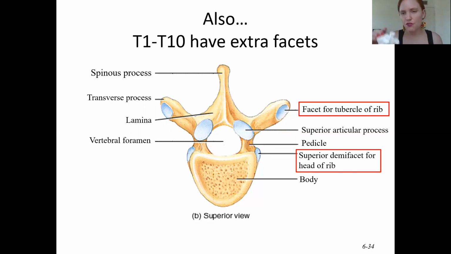Are you going to find any rib articulations on the lumbar? No, why not? It doesn't articulate with the lumbar. So you're only going to have rib articulations in the thoracic region because you only have ribs in the thoracic region. You don't have any ribs in the cervical or the lumbar region. Okay, so facets for rib articulations are only going to be found on the thoracic vertebrae.